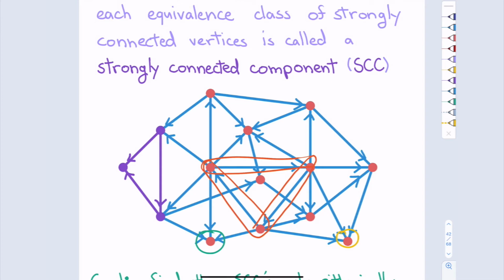Now I know that here's a triangle. Oh no, that's not a triangle. Suppose I cheat because some of the examples later are messed up. If I redrew that edge like that, I know that these three vertices are strongly connected with each other.